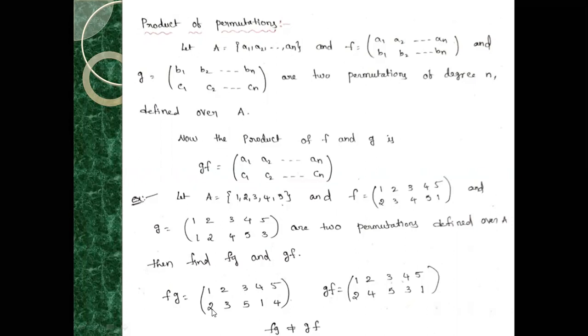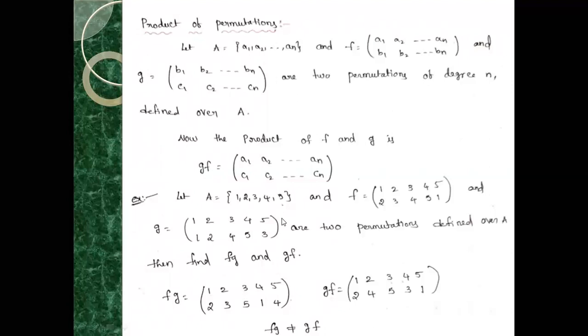So 1 is related to 2. Next, 2 to 2 in G, and we check this relation in F. So 2 to 3, so 3 is the answer. Then 3 to 4 in G, and 4 to 5 in F, so 3 to 5.